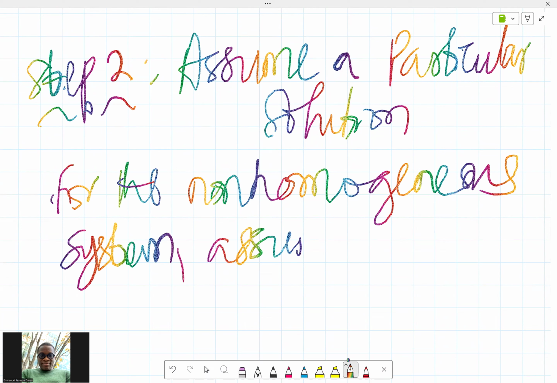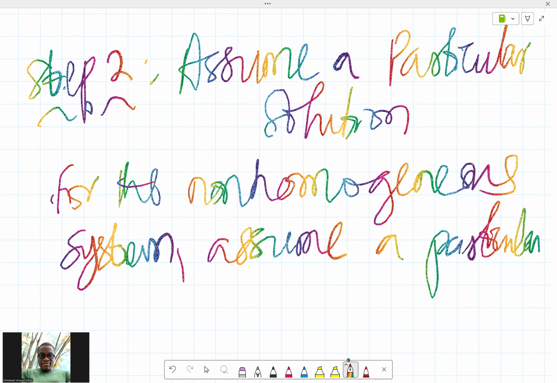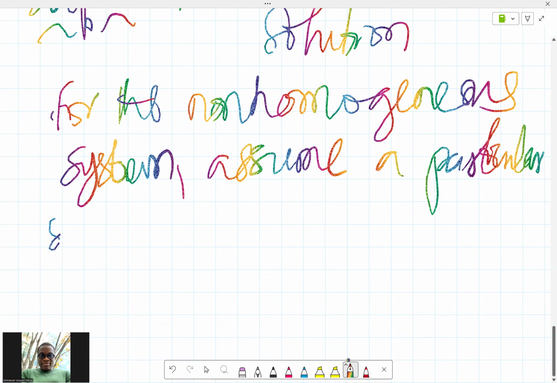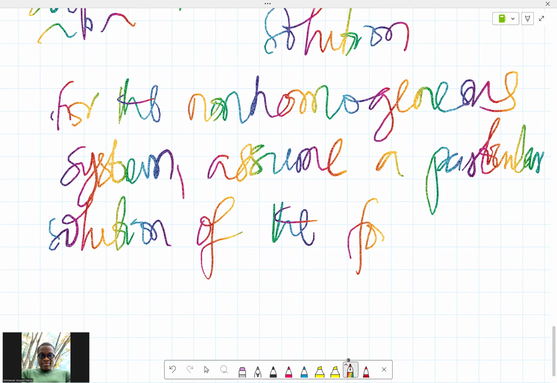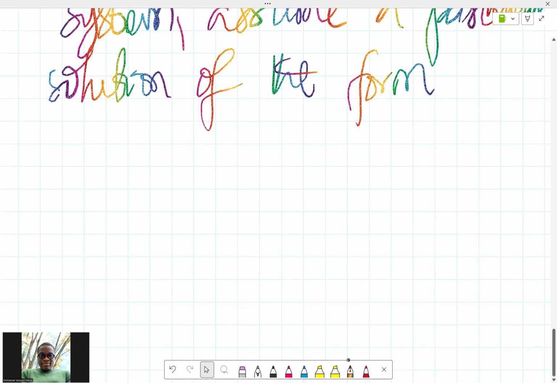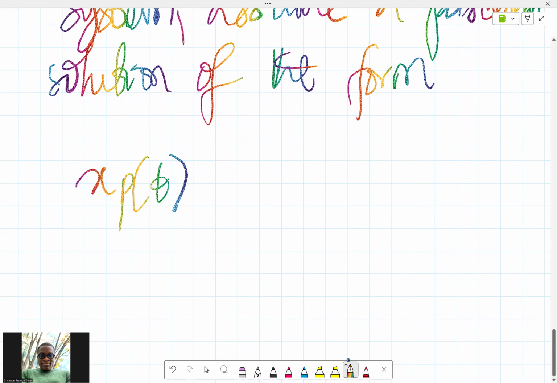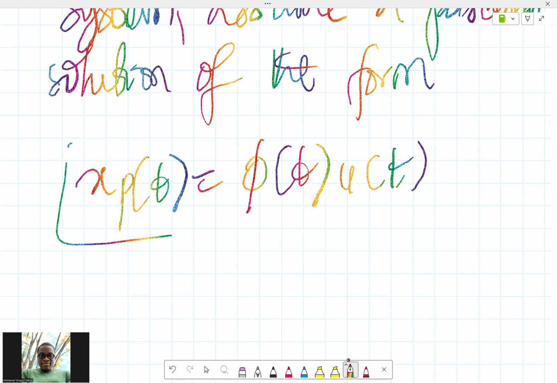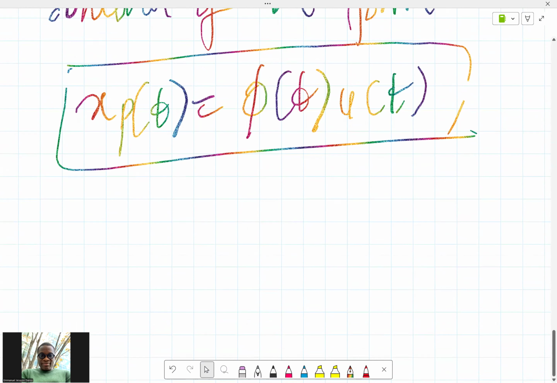So for the non-homogeneous system, assume a particular solution of the form xp of t equals phi of t u of t. So u of t is the new thing that is coming here. We already know phi of t.